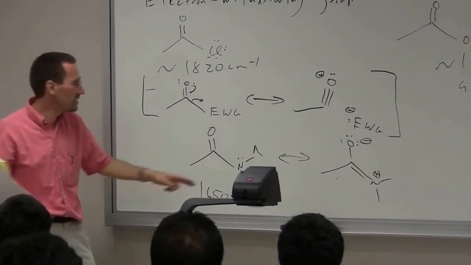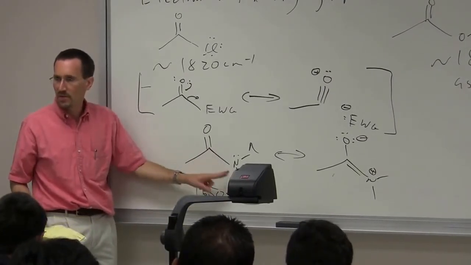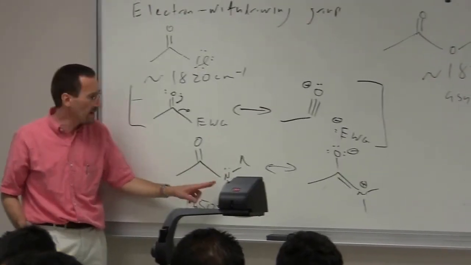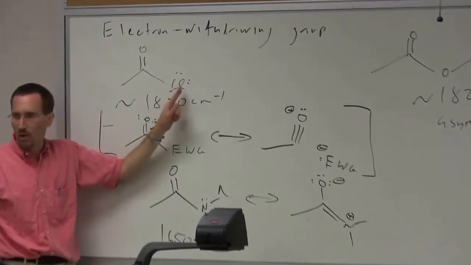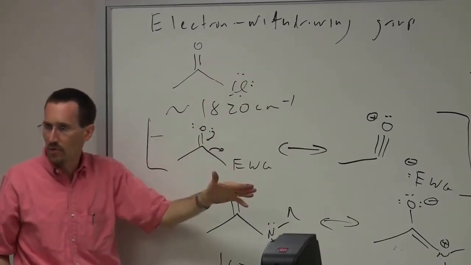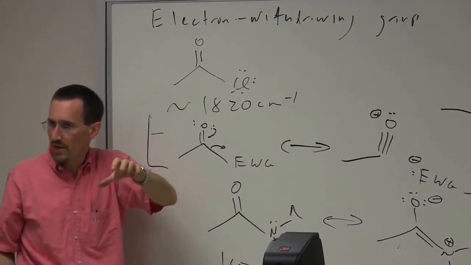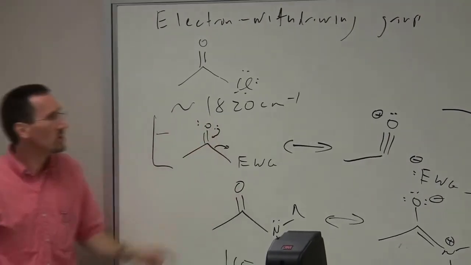But the big difference is nitrogen is in the same row of the periodic table as carbon, so you get good pi donation. You get good overlap. And nitrogen, the donation, wins out. Whereas chlorine, although about equal in electronegativity to nitrogen, is down a row, and so you get a big sigma electron withdrawing effect and not so much pi donation effect.